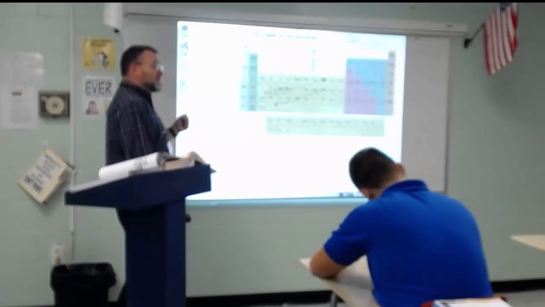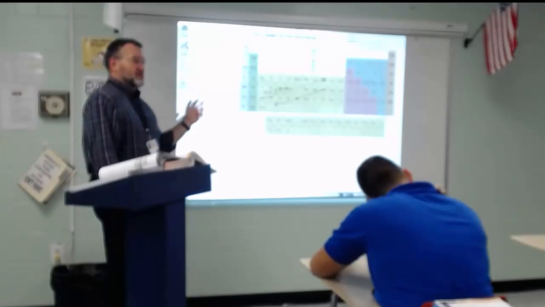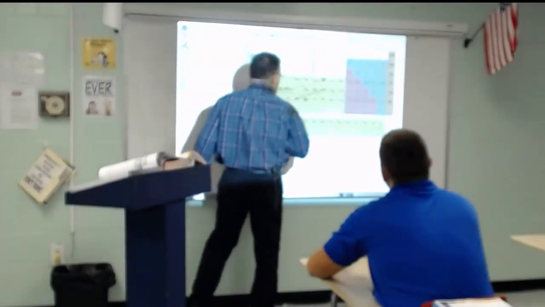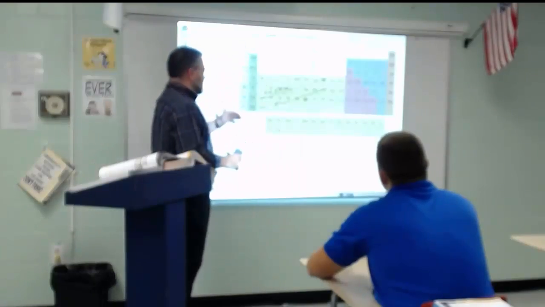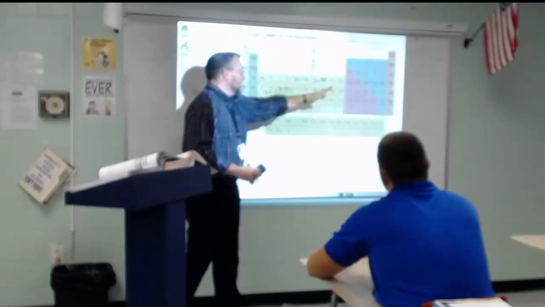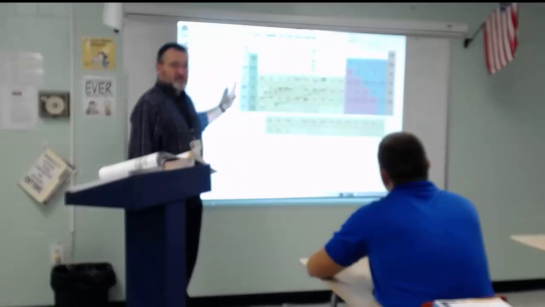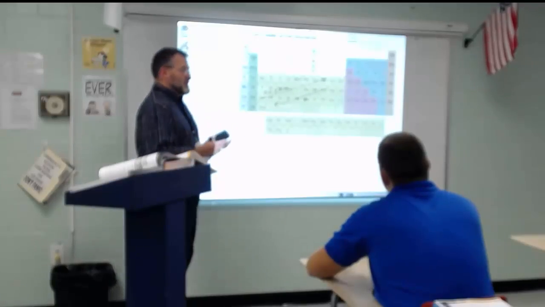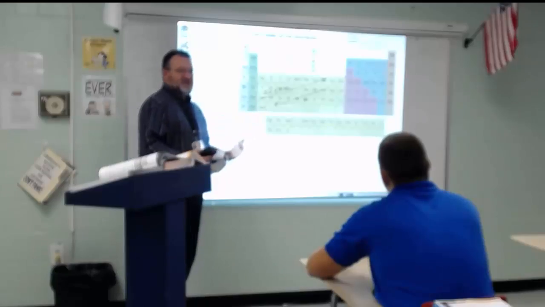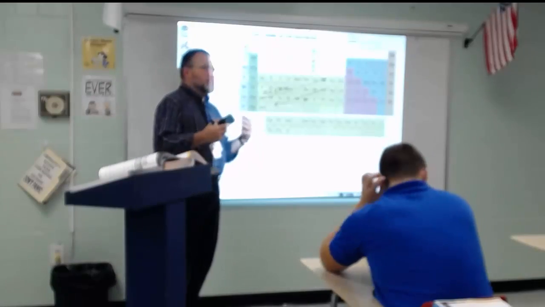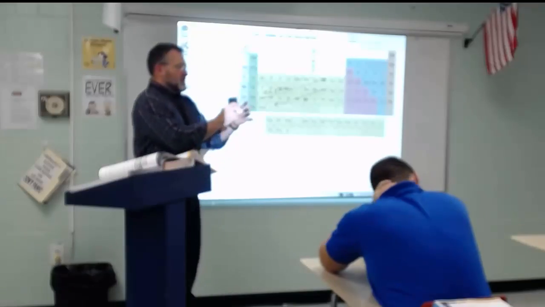And then the remaining one, the radius, we said was the opposite of that. The radius increases as you go from top to bottom and as you go from left to right. It's the opposite. If you remember in class when I was talking about how to remember this, one of the directions for the radius makes sense and the other one really is kind of counterintuitive, right? One of them, it makes sense that the atom is getting bigger and bigger.